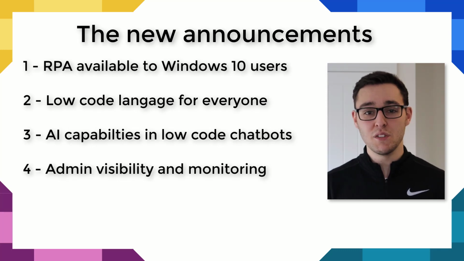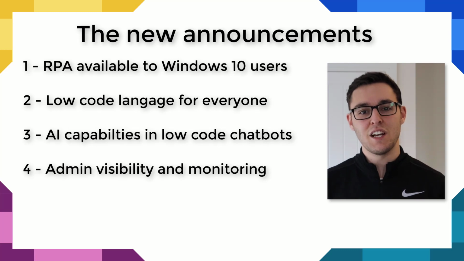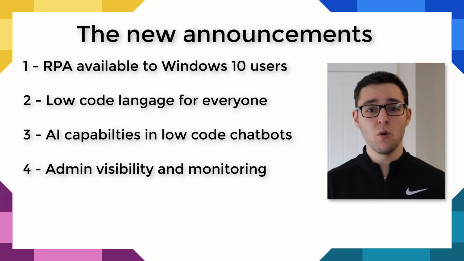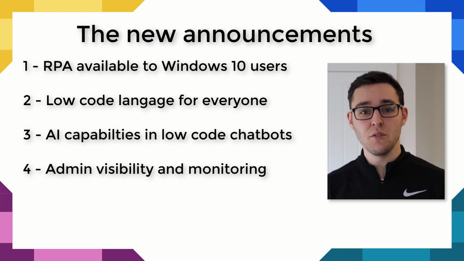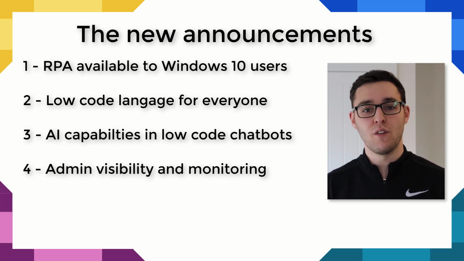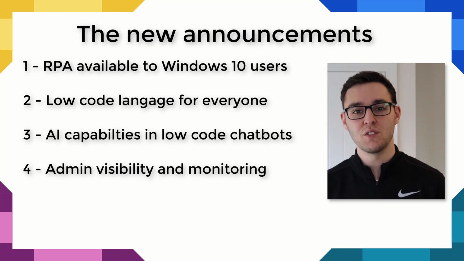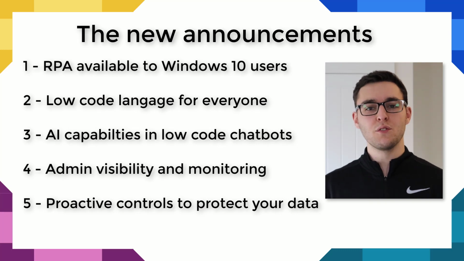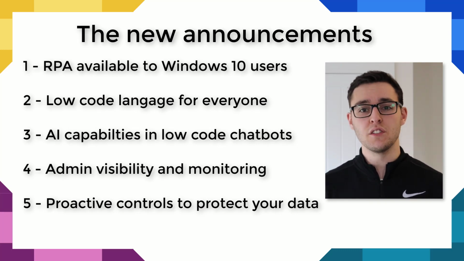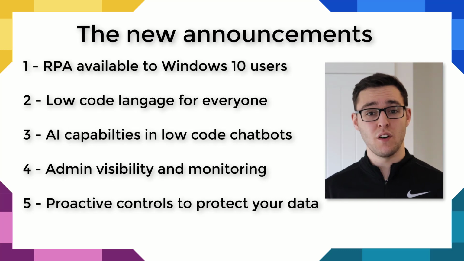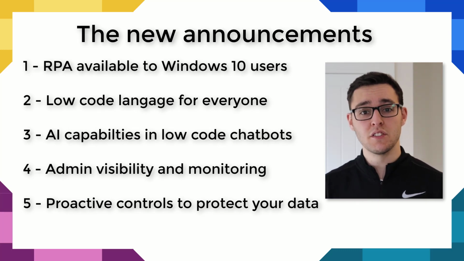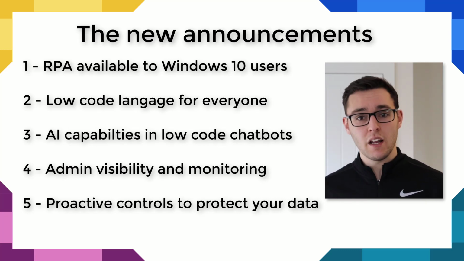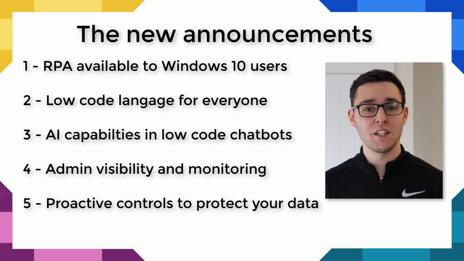The fourth one being specifically for those IT admins out there, so improved out-of-the-box analytics and dashboarding to get even more insight about how people are using the Power Platform, from your makers in the organization, the granularity of their usage, in addition to the full tenant and app flow inventory dashboarding to help you focus on the key value-added solutions inside your organization. Finally, more proactive controls to protect your data. So new features such as Microsoft Information Protection to classify your data similar to the email experience, granular connector blocking, email exfiltration controls, all the way down to customer managed keys as well.